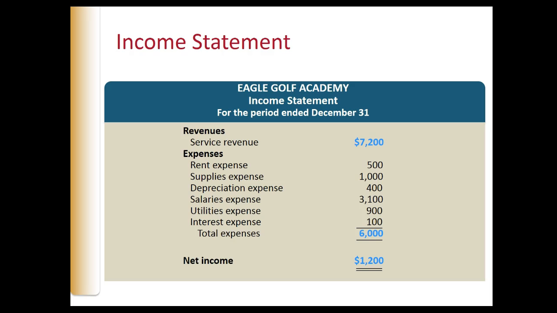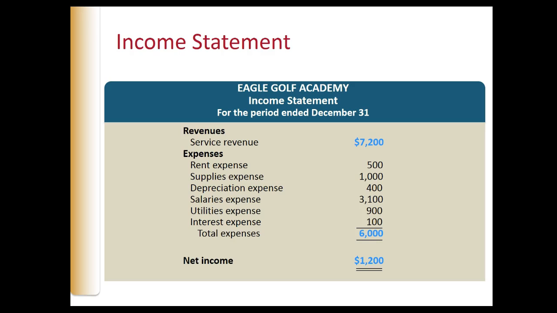So revenue and expense accounts get reported on this income statement. The difference again between total revenues and total expenses equals net income. Eagle Golf Academy earned revenues of $7,200 from providing training to customers. At the same time, the expenses of providing that training were $6,000.